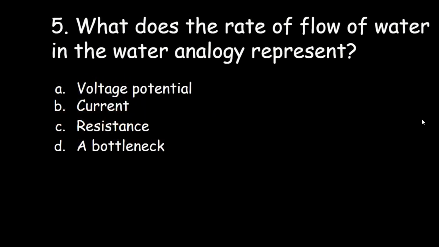Number 5, what does the rate of flow of water in the water analogy represent? Voltage potential, current, resistance, or a bottleneck. The rate of flow of water in the water analogy represents current, because current is the rate of flow of electrons through the conductor.